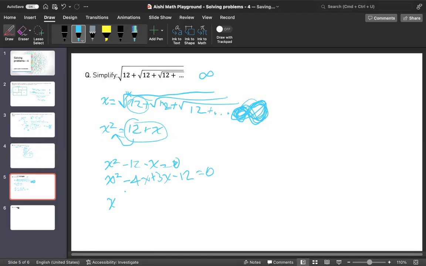So x times x minus 4, I'm going to rewrite that. So x times x minus 4 plus 3 times x minus 4 is equal to 0.